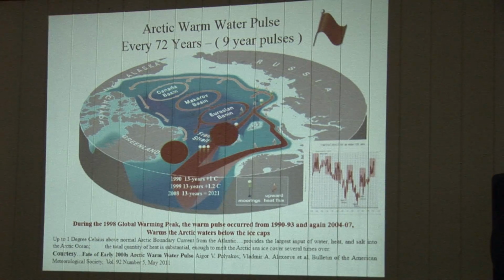Then in 1999, a second pulse, an extremely warm pulse, came up, and we had major ice melting during the next 9 years. Major. And then there's a third one coming up in 2008.